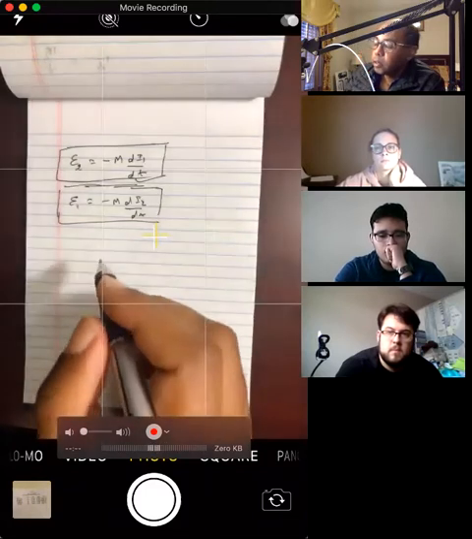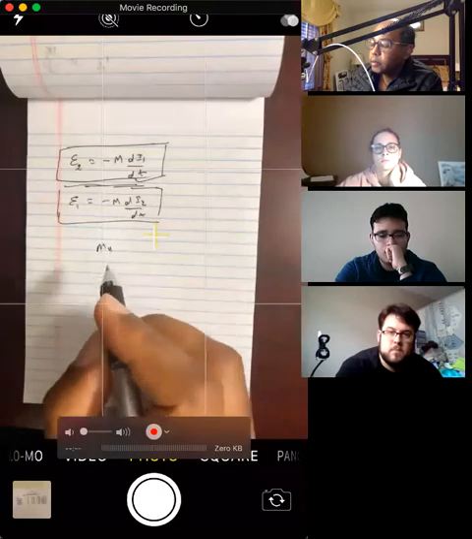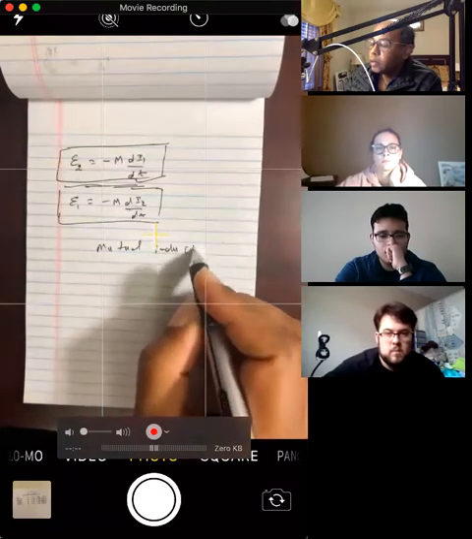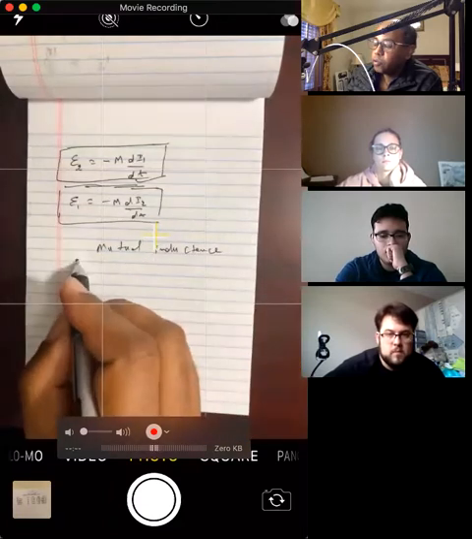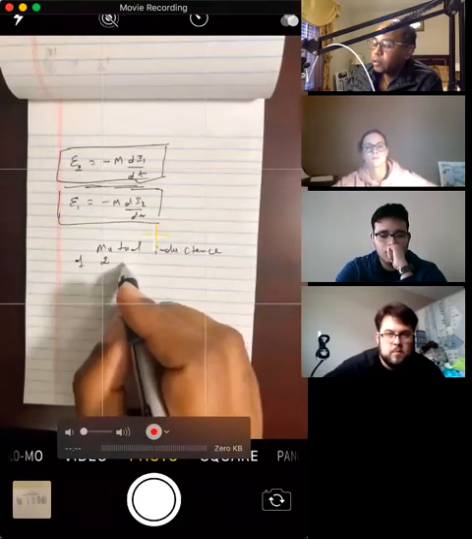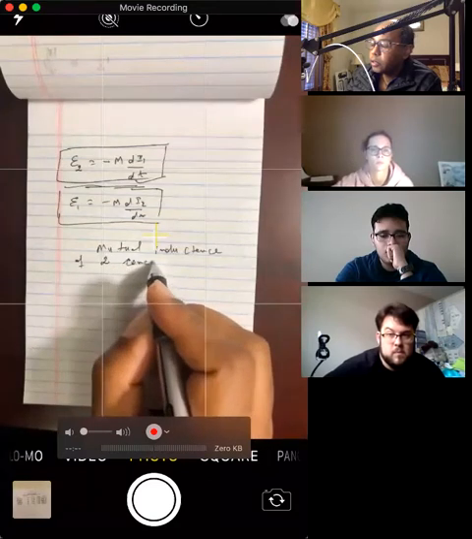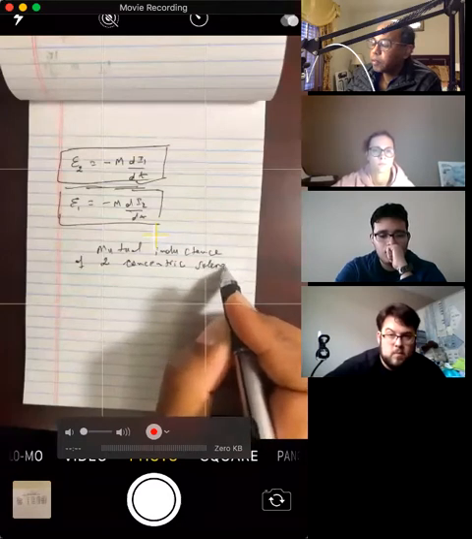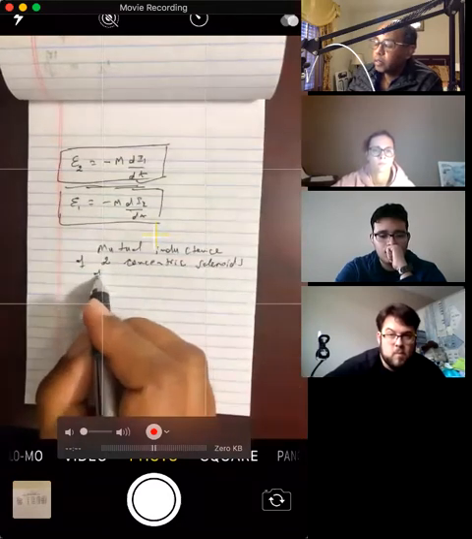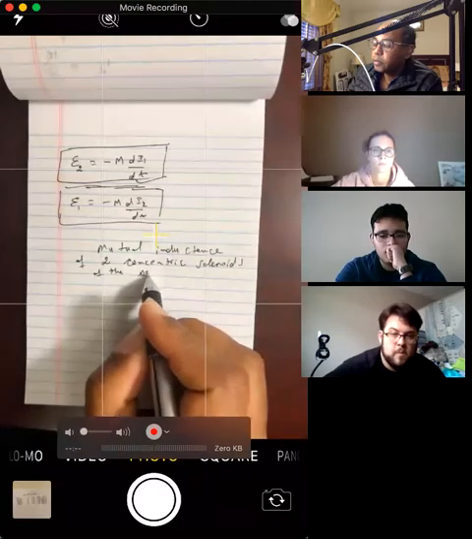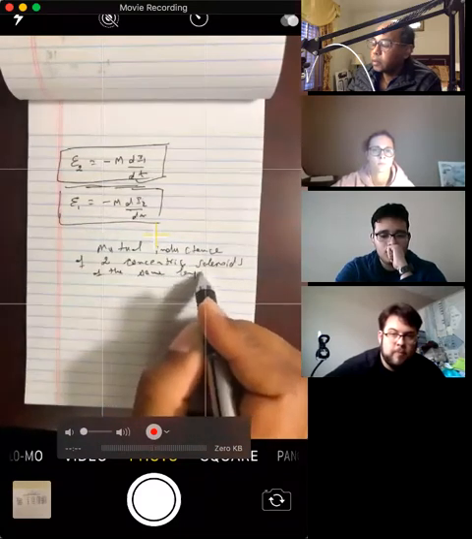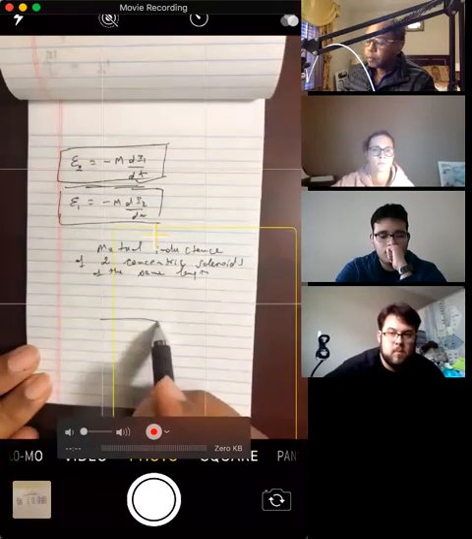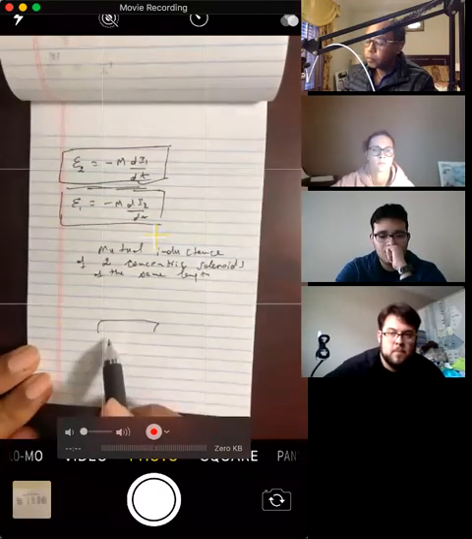Let's look at the mutual inductance of two concentric solenoids, of the same length to make the discussion easier. So we have two solenoids over here.